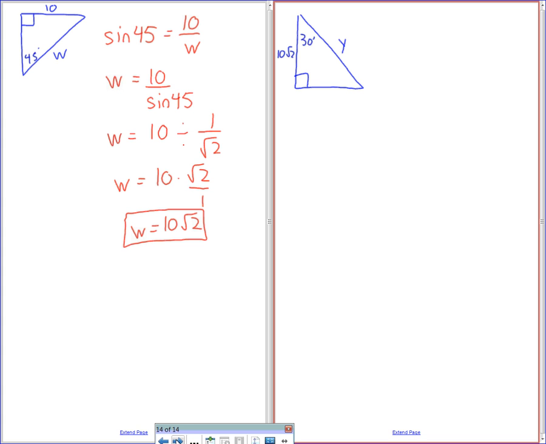Can someone tell me if I'm using sine or cos or tan for this question? Cos, because we have the adjacent and hypotenuse. So I'm going to say cos of 30 equals 10 root 2 over y.